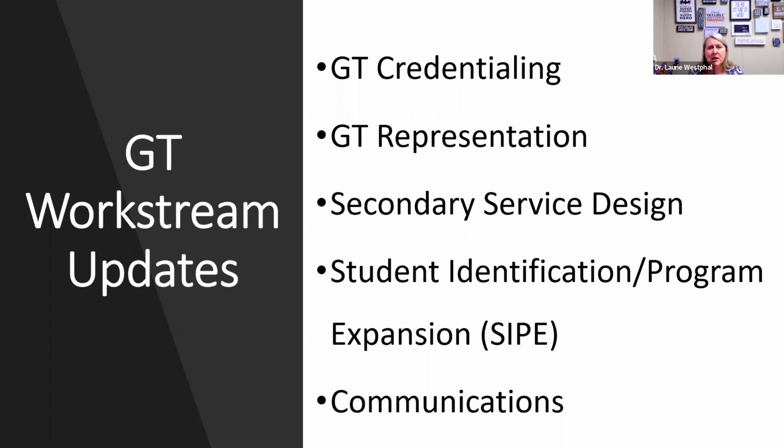The work streams that you see listed here and that you're hearing us talk about represent some of the key priorities and objectives that our department has been working on. It's available on our website, but if you don't know, now you do, that the GT department has a 5-year task map, or a 5-year plan, where we are working through certain initiatives to improve programming.